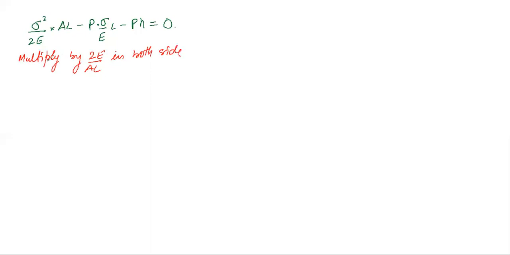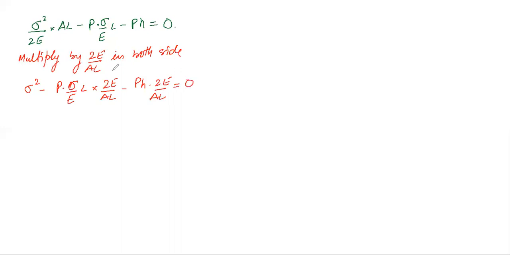What will we get when we multiply with this? We will get sigma square minus, the A by 2, AL by 2E is cancelled out in this expression. We will get P into sigma by EL into 2E by AL minus PH into 2E by AL equals to 0.